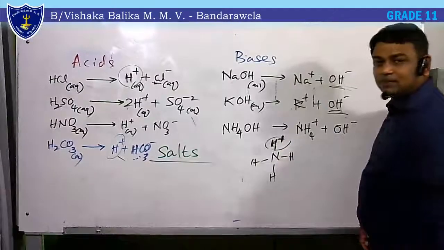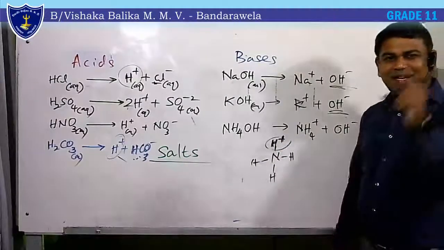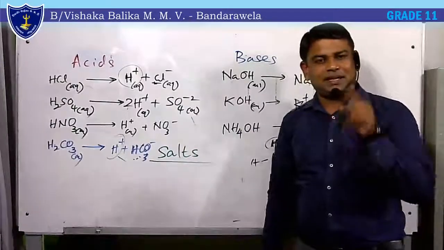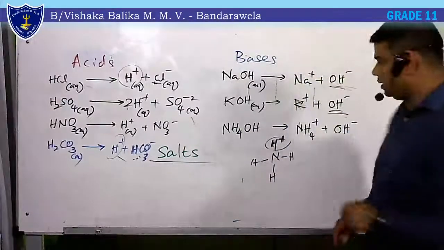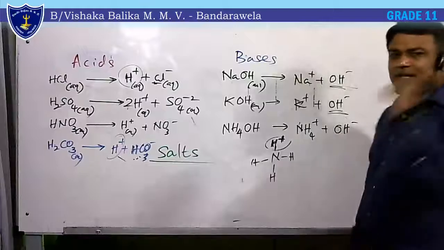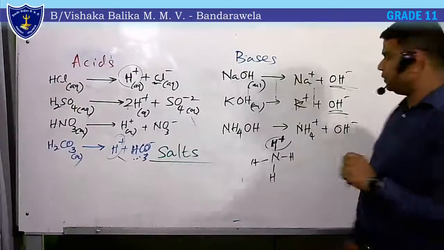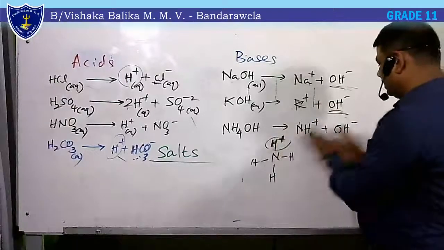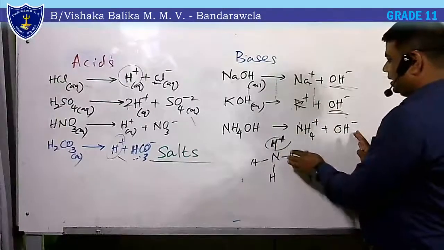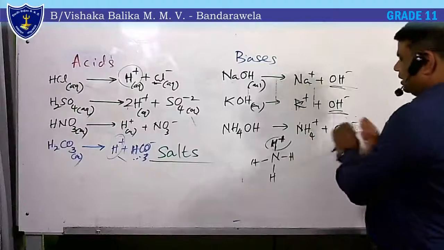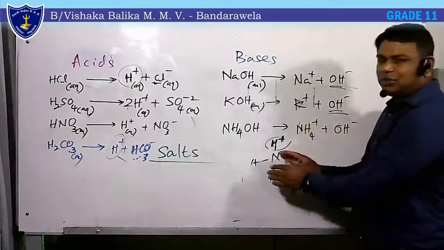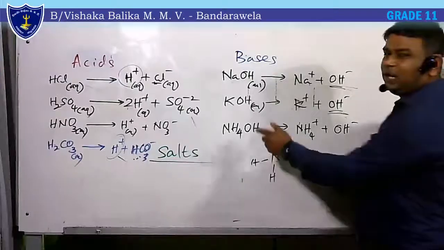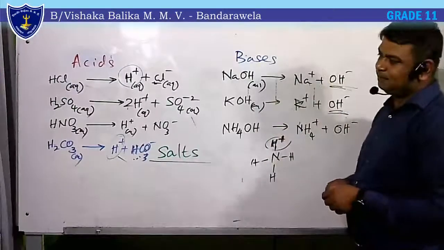So that hydrogen gives a kind of acidic nature to the solution. Therefore, these hydroxyls can't completely influence the solution, because the slight basic feature will be cancelled out due to the hydrogen ions. So this is a weak base.